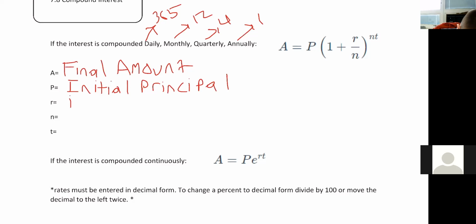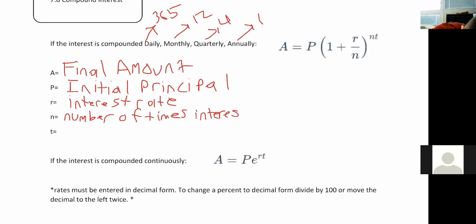R is your interest rate. N is the number of times interest is applied in a year.